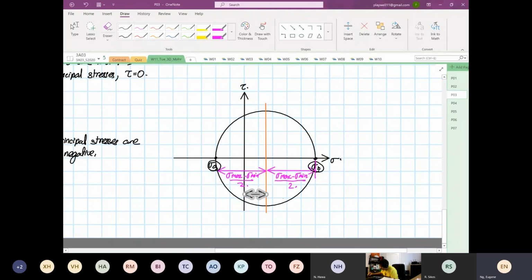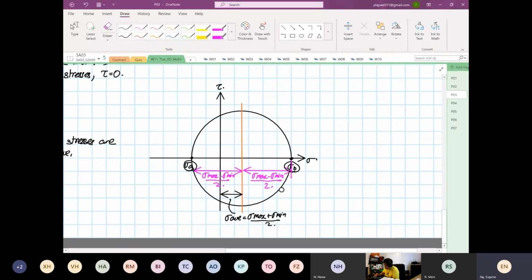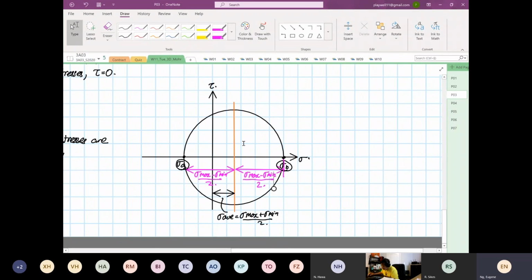The distance from here to here is known as our average stress, and average stress is equal to stress max plus stress mean divided by 2. It's not the same thing. Okay. So for this case, this is our tau max value.